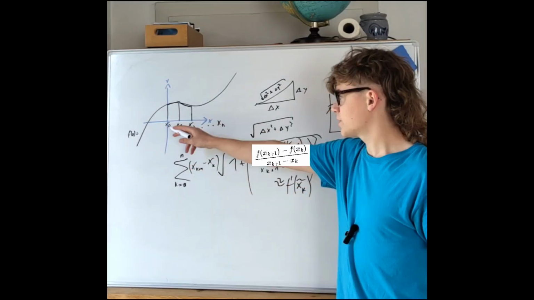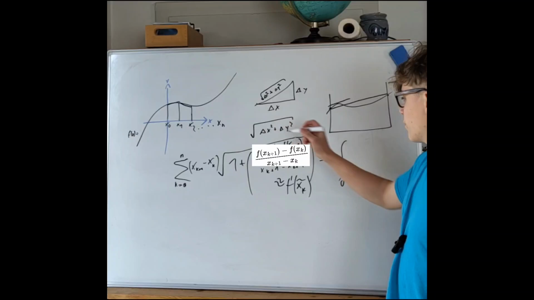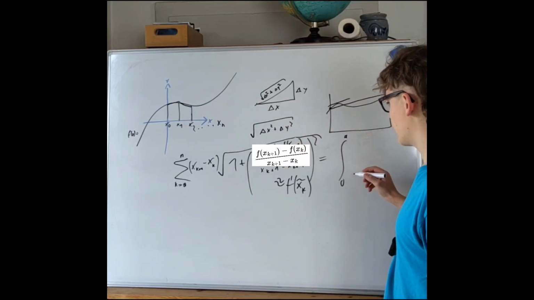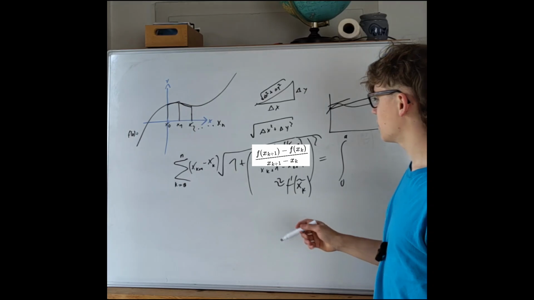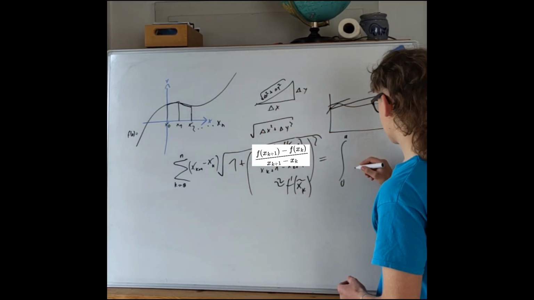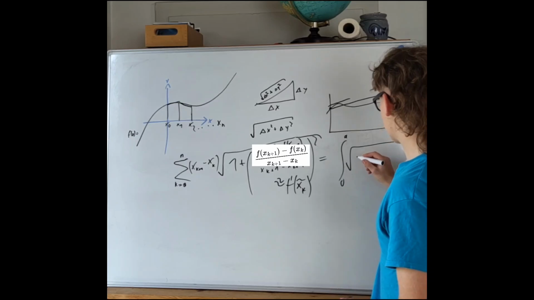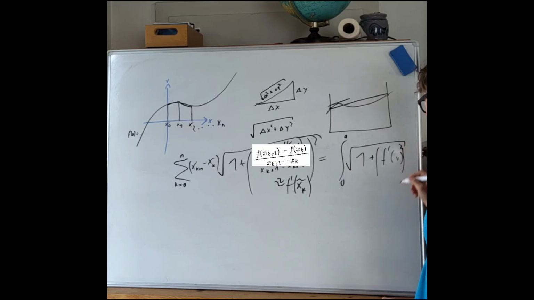We started at 0, so let's just start at 0, and then we go up to some value a. This part, we don't need this anymore, because we sum up all of the parts, and in an integral this isn't important. So we take the square root of 1 plus f prime of x, squared, right?